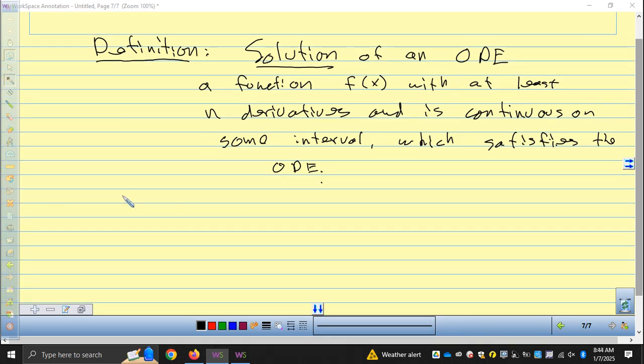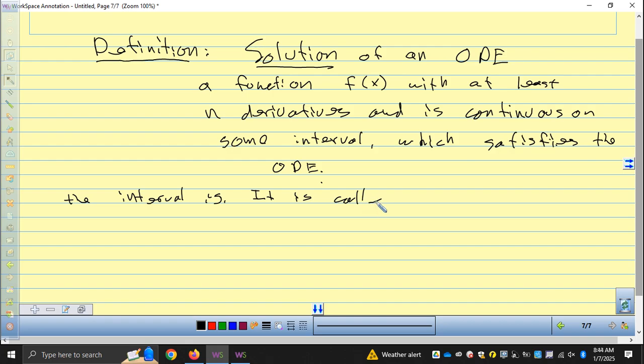And this interval is important because all we need is for our function to satisfy the equation on some interval. It doesn't have to be a continuous function everywhere. It doesn't have to satisfy the equation everywhere. It needs to satisfy it on some interval.